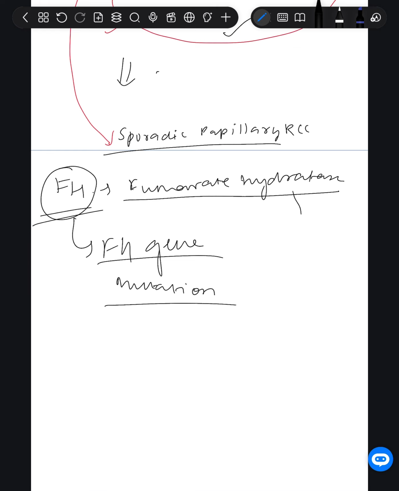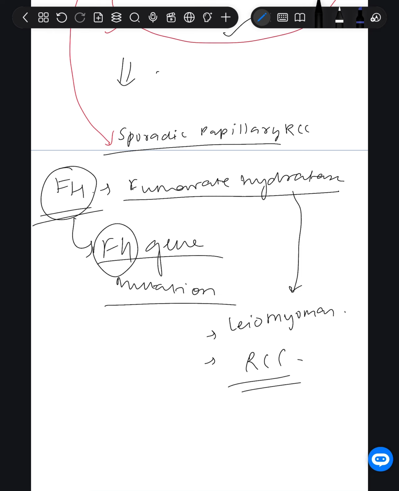okay, fumarate hydratase is used primarily in kidney and female reproductive system, primarily in uterus. So if there is a mutation of the FH gene, fumarate hydratase, this will lead to two primary cancers, which are leiomyomas and the second is RCC.